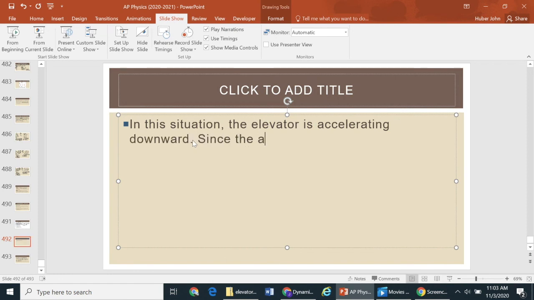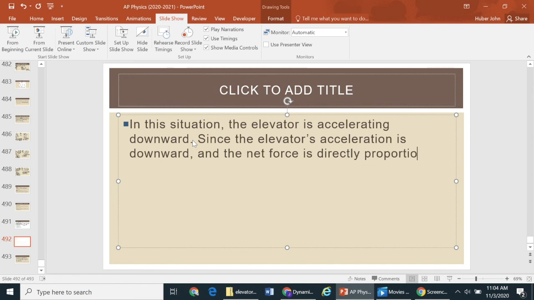Since the elevator's acceleration is downward, and the net force is directly proportional to the acceleration, the net force is also directed downward.